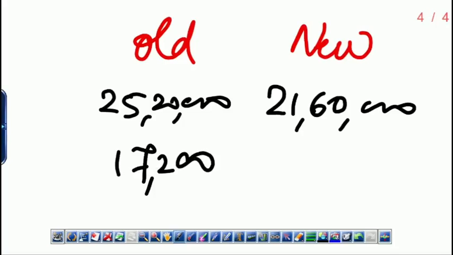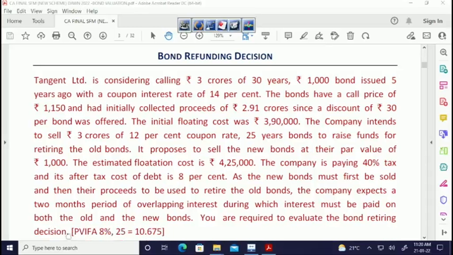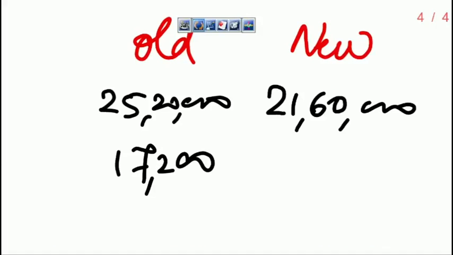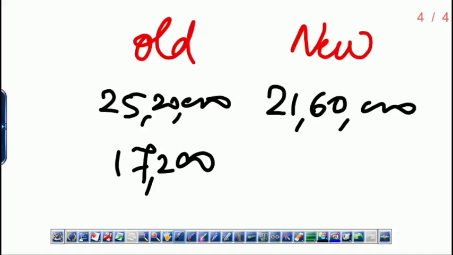And over here, what was the flotation cost? 4,25,000. So 4,25,000 divided by 25, the whole into 0.4. That comes to 6,800.